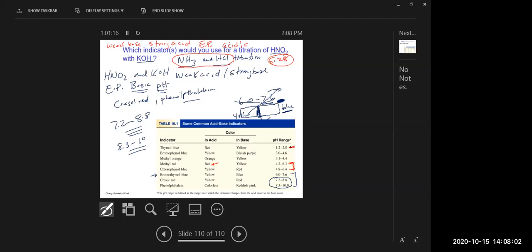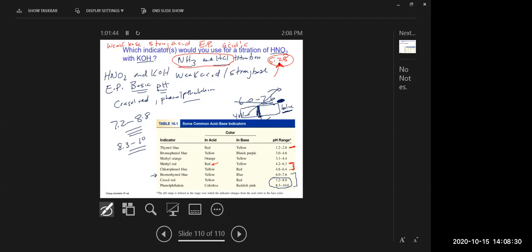Something like this, even though it's acidic, may be a little too far outside of the range for us to actually see the color change. By the time that indicator would change color, we would be way too low in terms of our pH. So even if it's acidic, the indicator may not be appropriate, depending on the range over which it works for your particular titration.